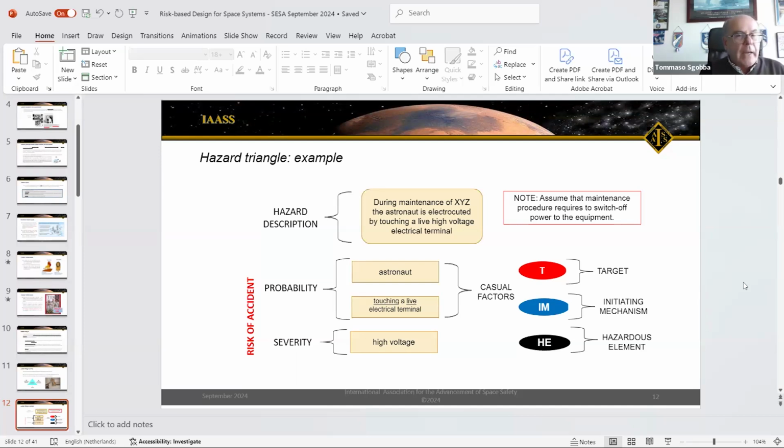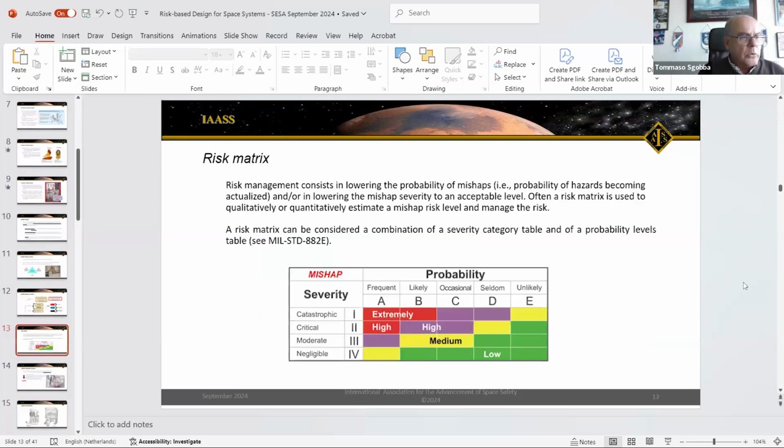So the risk of an accident, there is no risk of a hazard. There is a risk of an accident, which is the hazard becoming actualized. We use very often a risk matrix to provide this idea that on one side, the probability of an event to happen, and the severity of the consequences of that category, and the two together define what risk is.